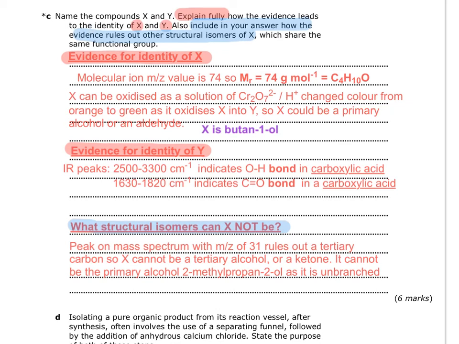So if X is butan-1-ol, a primary alcohol with the formula C4H10O, then Y, which is a carboxylic acid, must be the carboxylic acid that butan-1-ol would oxidize into, meaning Y would be butanoic acid.